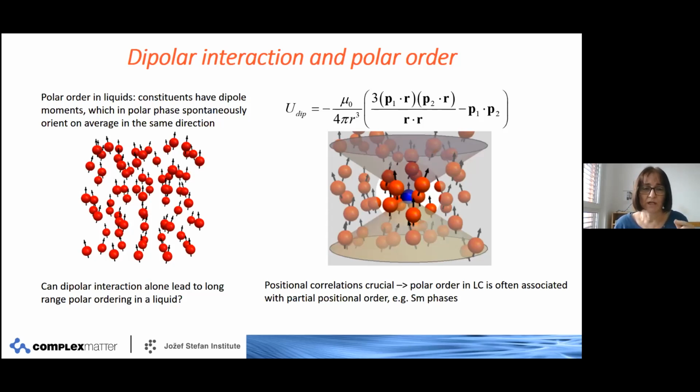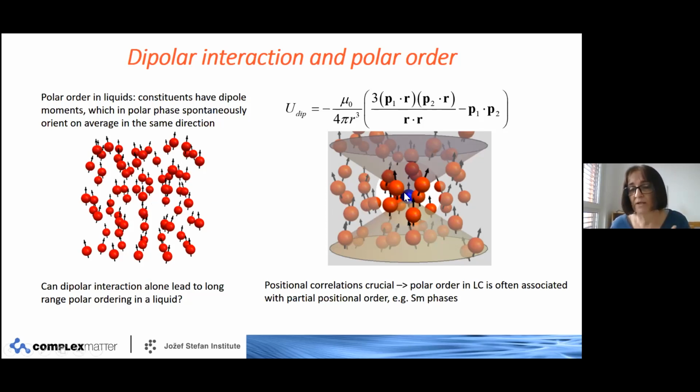If we look at a single constituent, it means that the field at the position of this constituent, which changes with time because it's a liquid, must be large enough and must point in the same direction all the time so that we get the orientational order.